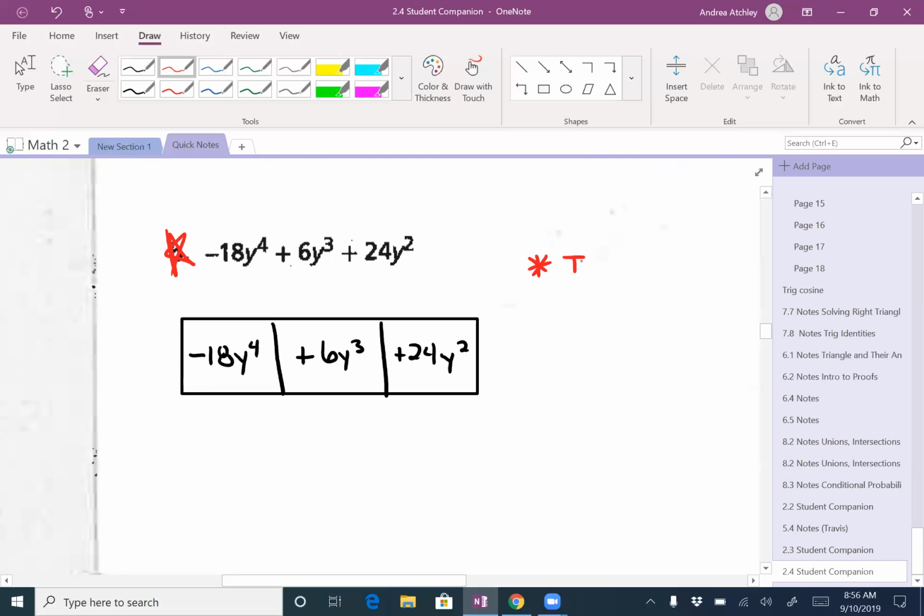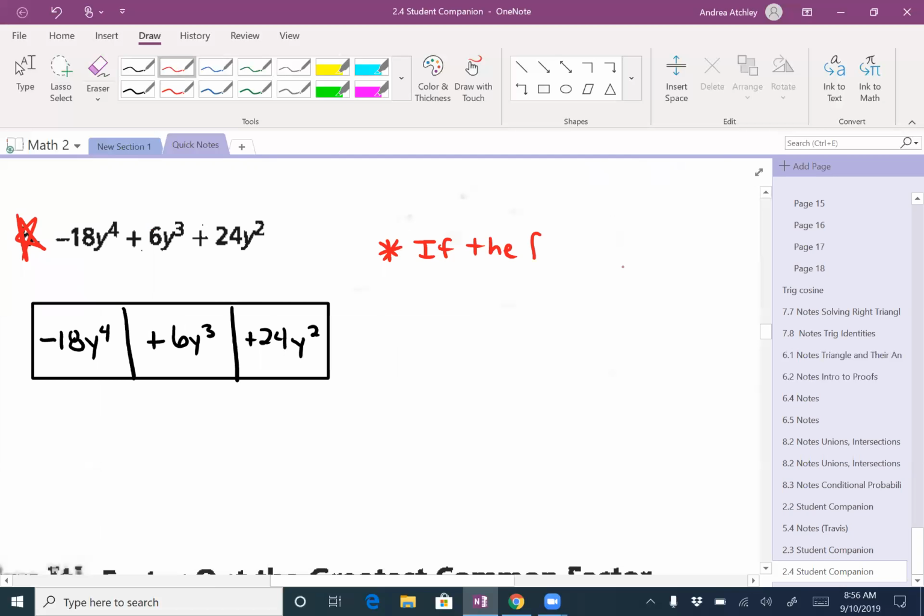If the first term is negative, then the GCF is negative.